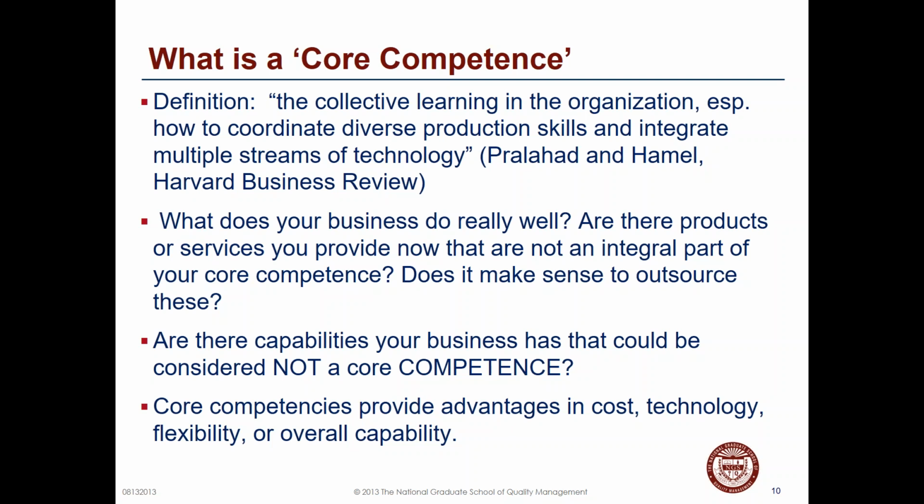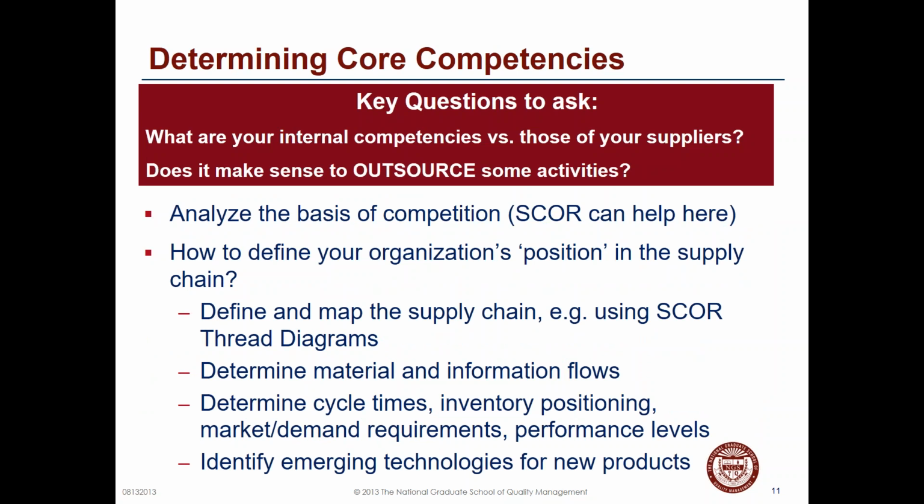And so why are we talking about sweet spots and core competencies and your capabilities? Those are things you don't want to outsource, right? Those are things that are crazy to outsource, because that's what's making you valuable, right? So how do you determine those? Core competencies, again, provide advantage in cost, technology, flexibility, or your overall capability, right?